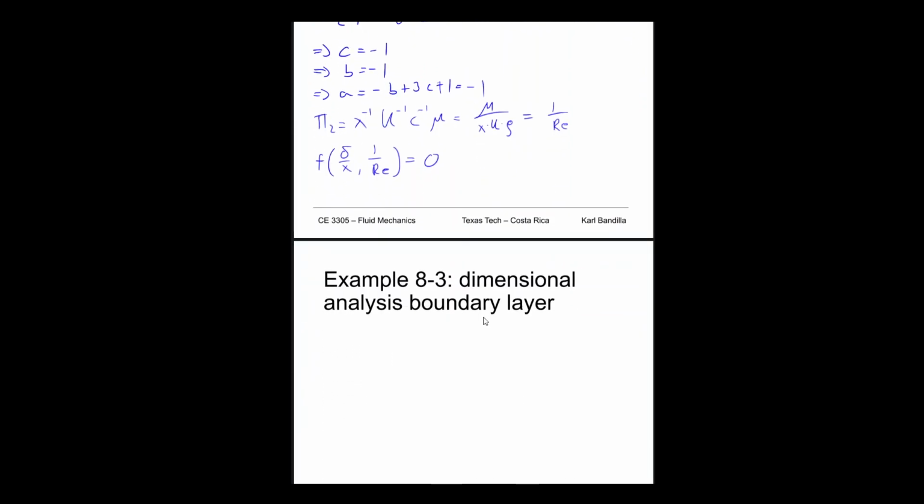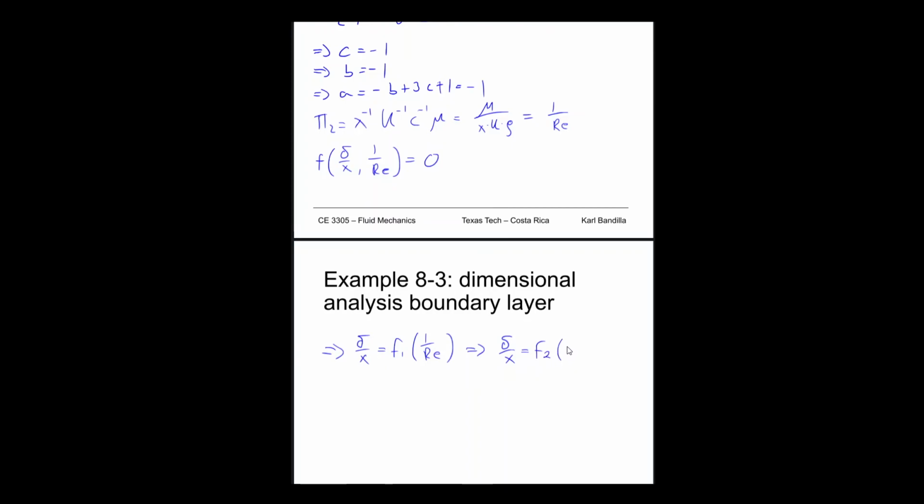And then I can start solving that. I can say delta over x is equal to some other function, called f1, of 1 over the Reynolds number. Of course, if I can have it of 1 over the Reynolds number, I can also rewrite that with a new function and call that just the Reynolds number.